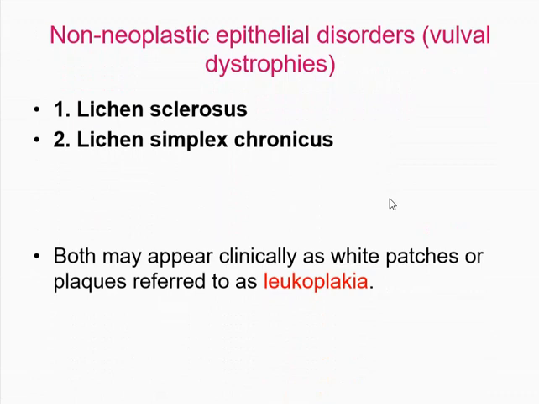Non-neoplastic epithelial disorders are commonly called vulvar dystrophies, and these include lichen sclerosus and lichen simplex chronicus. Both of these disorders are associated with a white discoloration of the epidermis or mucosa of the vulva, and these are referred to as leukoplakia.